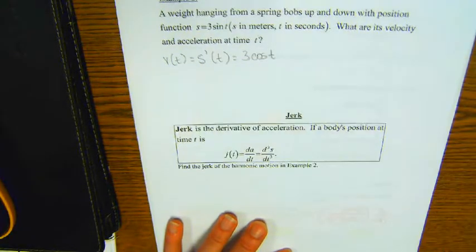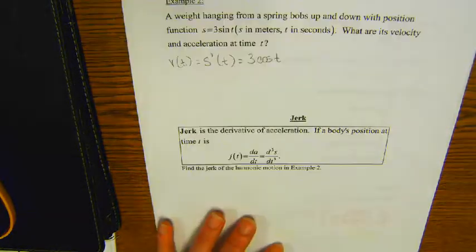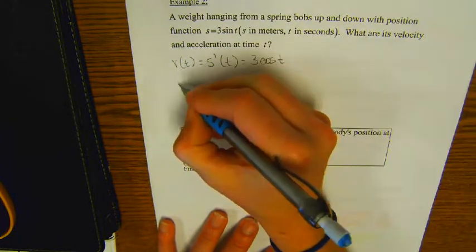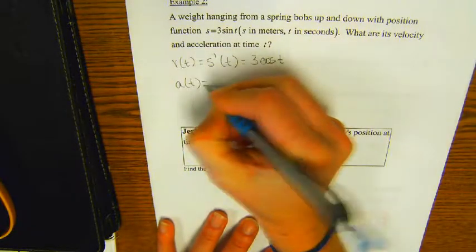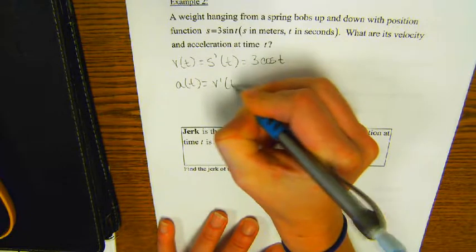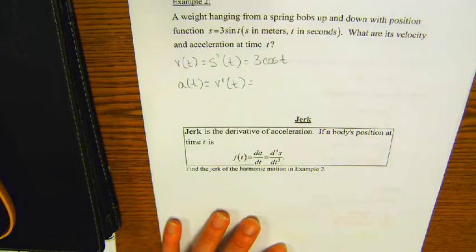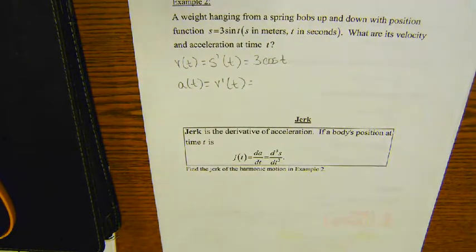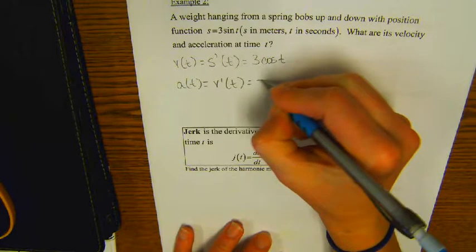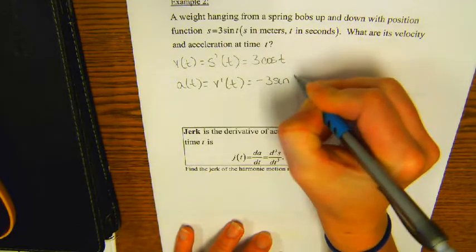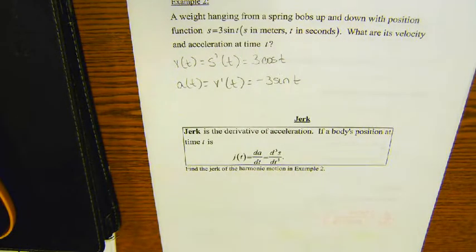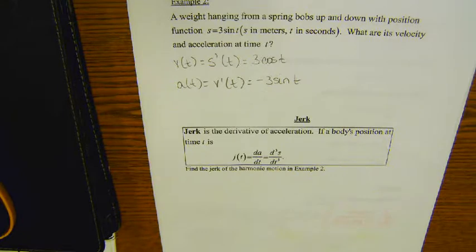Okay? How about then, to find the acceleration, I would take the derivative of the velocity. What's the acceleration going to be? Negative 3 sine t. All right, you might be finding a pattern here. Do you remember with derivatives of powered functions, eventually the power keeps decreasing and we get down to 0?